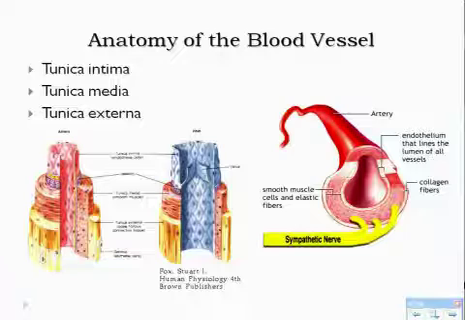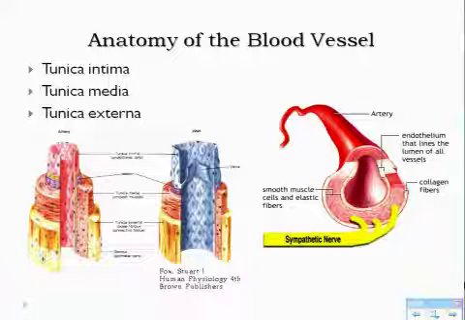The tunica media will vary depending on where the blood vessel is, whether it's a conducting versus a resistance vessel. This area will have a certain amount of smooth muscle. If you look at the capillary, the tunica media is very, very small because there's no muscle wall at all for the capillary. But every single blood vessel, including the veins, has some degree of muscle except for the capillaries.